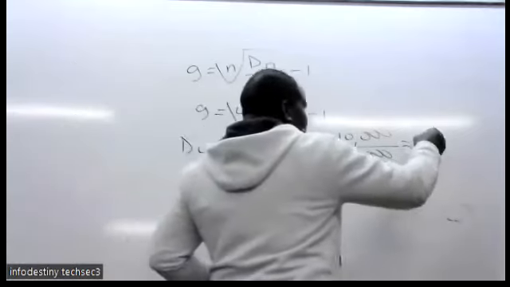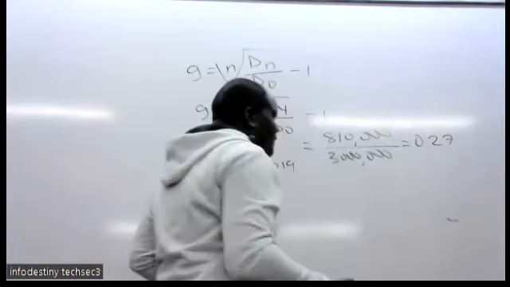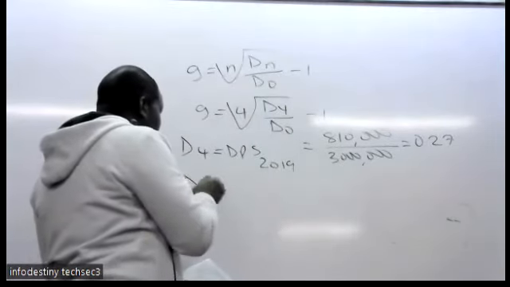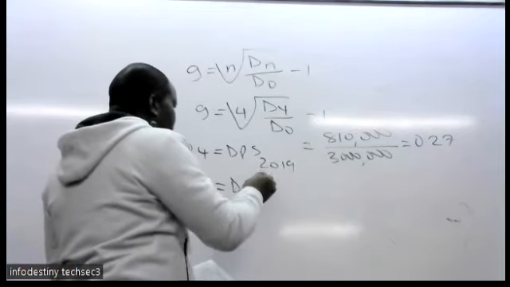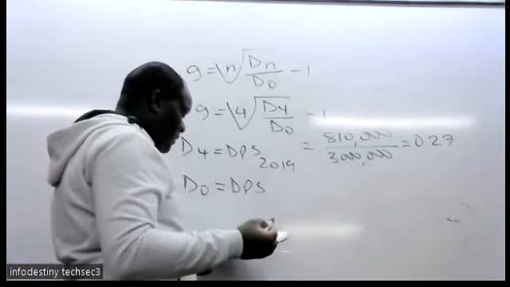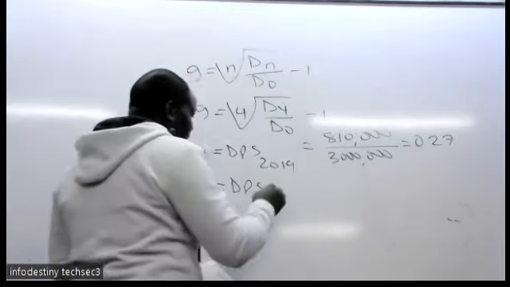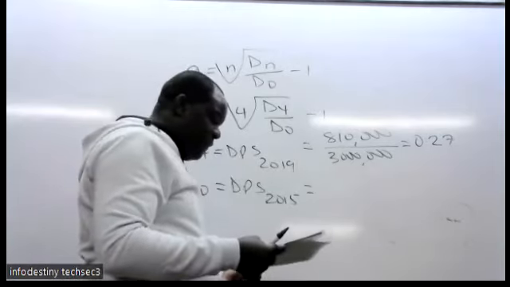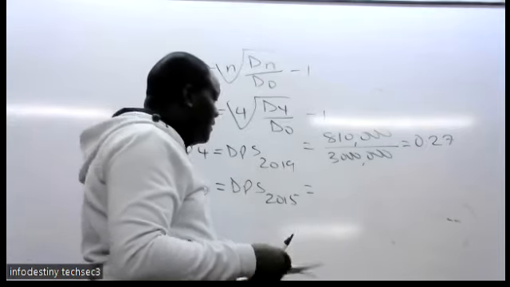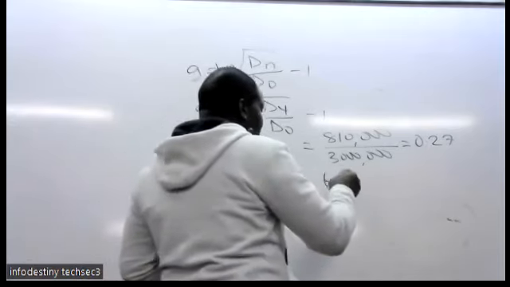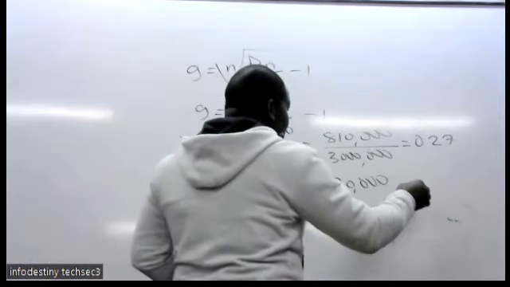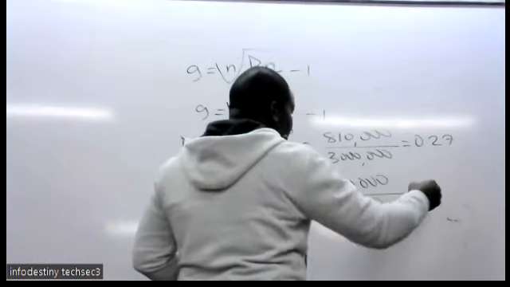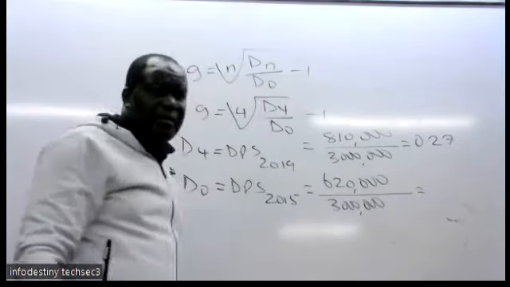So we get 0.27. We also compute our D0. D0 is the dividend per share in the year 2015. The dividend for the year 2015 is 620. You take 620, then you divide by 3 million, the number of ordinary shares.